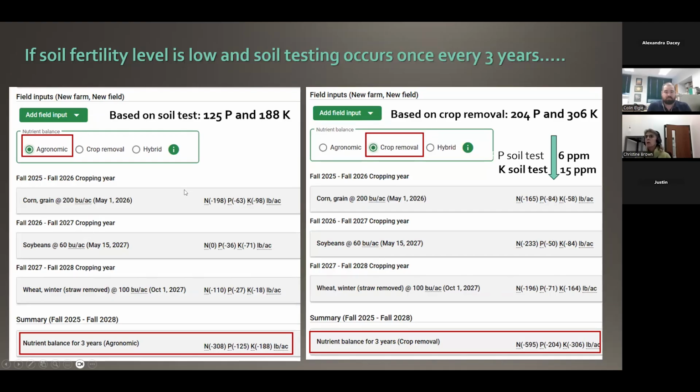So it gives me an idea of what the nutrient needs are based on my soil test numbers. And so over that corn, soybean, wheat rotation, over those 3 years, I'm looking at requiring about 300 pounds of nitrogen, 125 pounds of phosphorus, and 188 pounds of potash, looking just at that sufficiency approach.